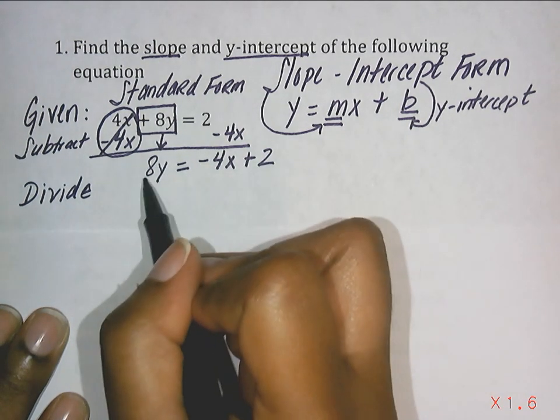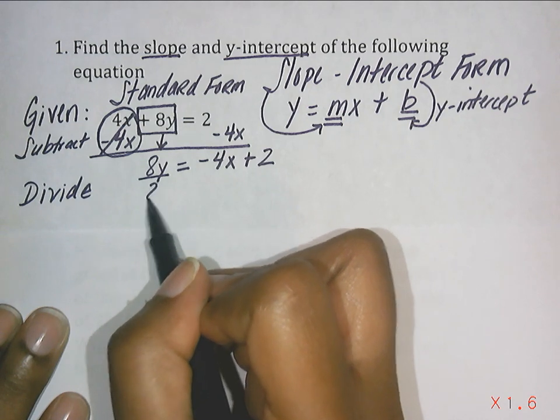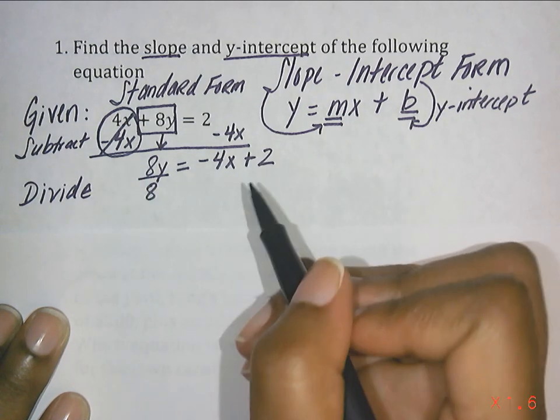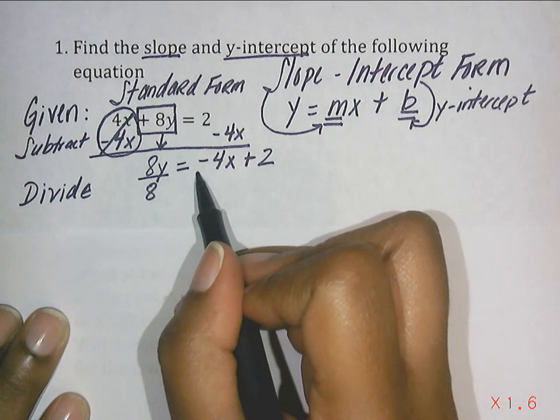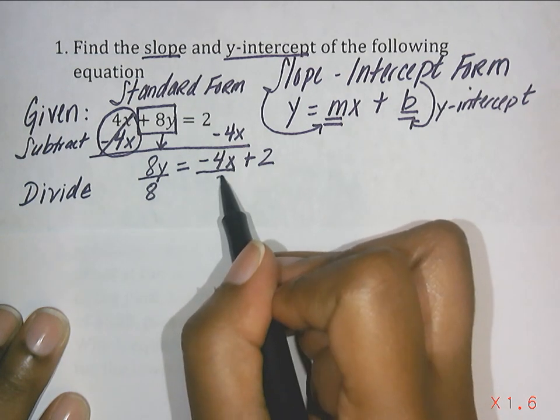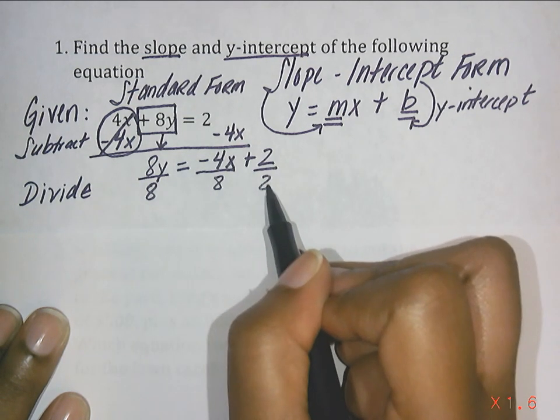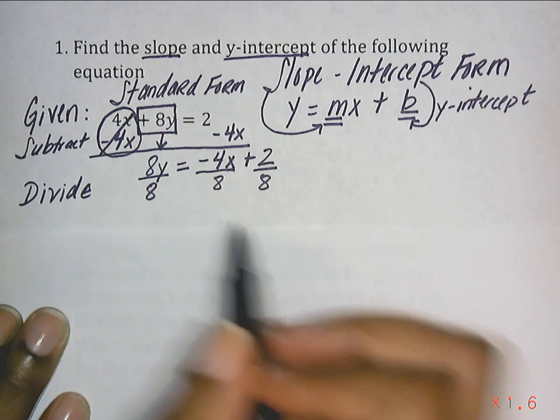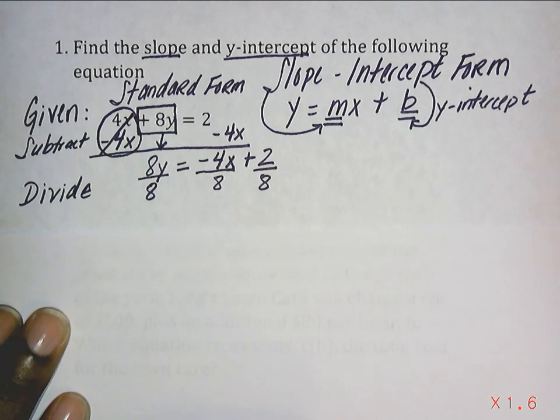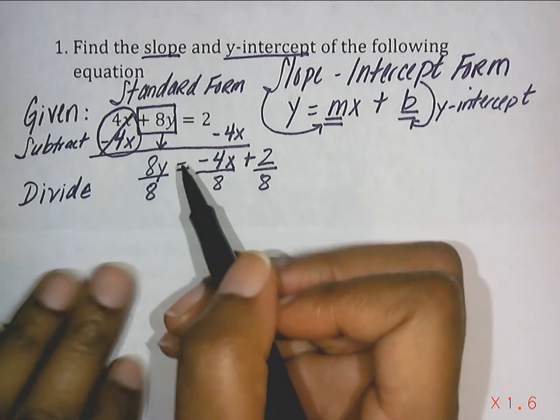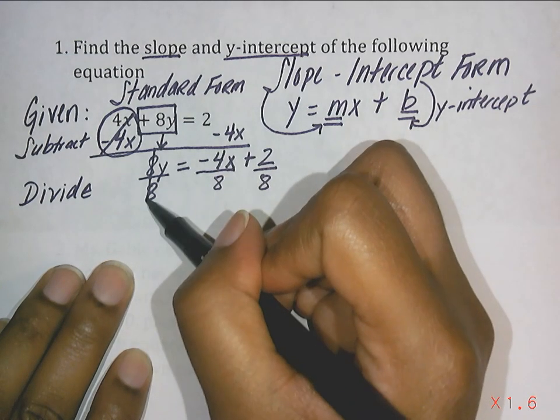So what I like to do is I'll divide 8y by 8, but I've seen people draw an entire line. Don't do that. Divide every single term by 8. Okay, you're less likely to make a mistake if you divide everything out. So here we go. 8 divided by 8, that's our 1.